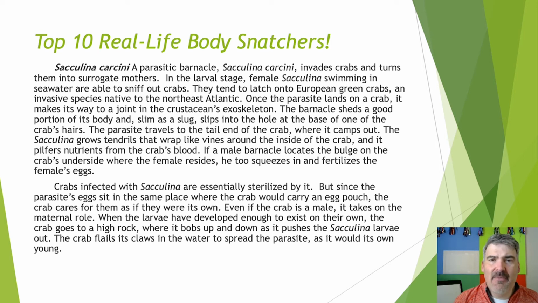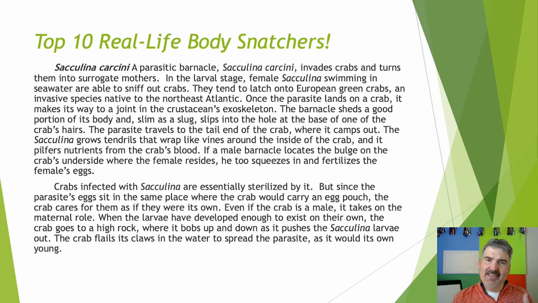A surrogate mother is basically a female that bears a child on behalf of another female. In the larval stage, these female barnacles swimming in seawater are able to sniff out crabs. They tend to latch onto European green crabs, an invasive species native to the Northeast Atlantic.